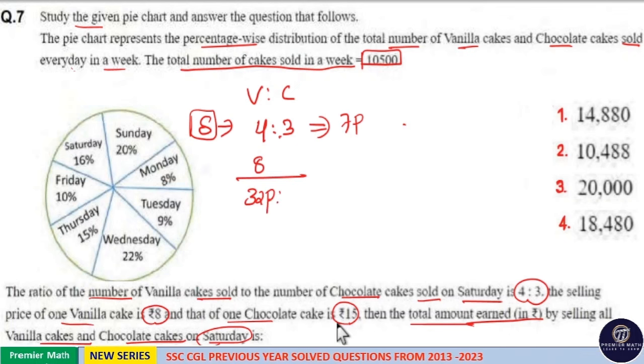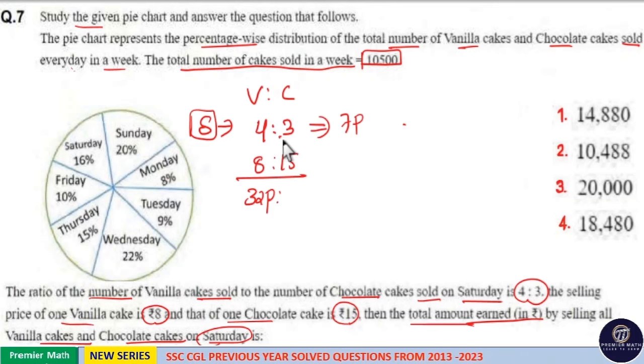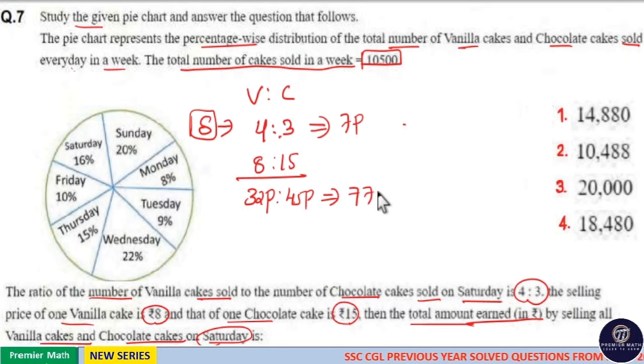The price of one chocolate cake is 15, so the price of 3 part chocolate cake is 3 into 15, 45 part. So the total money earned on Saturday by selling both vanilla and chocolate cake is 32 plus 45 part, 77 part. So we need to find what 77 part is.